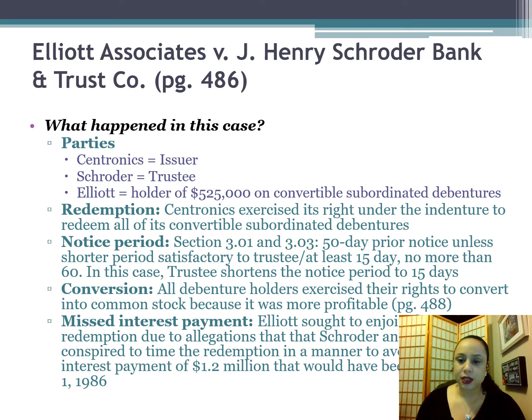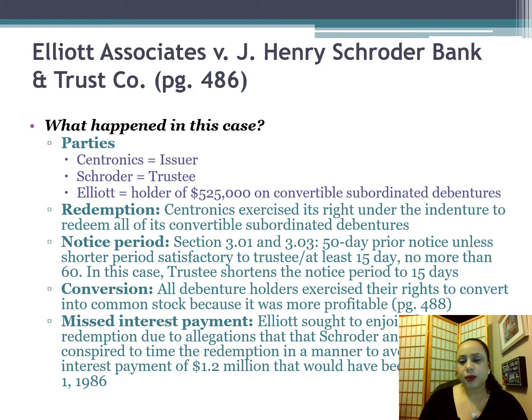They have 15 days to decide whether or not they want to convert their debt instruments, or will they go ahead and accept the redemption request from the issuer. And so we quickly learned that it was more profitable for our debt holders to simply convert their debt into common stock. And there's this really helpful diagram and description as to why it was more profitable that is provided on page 488 of your casebook.